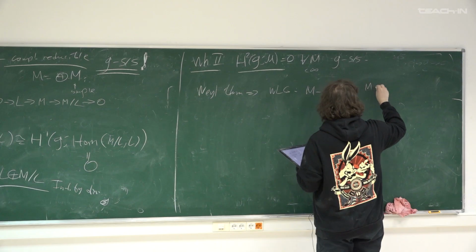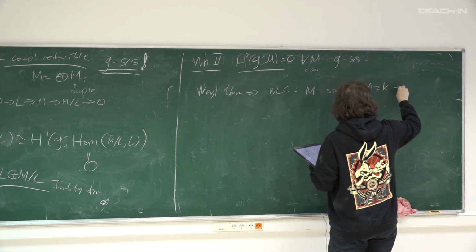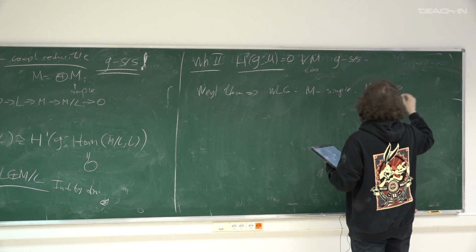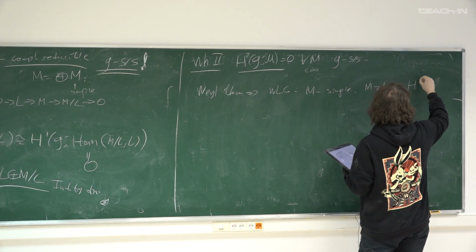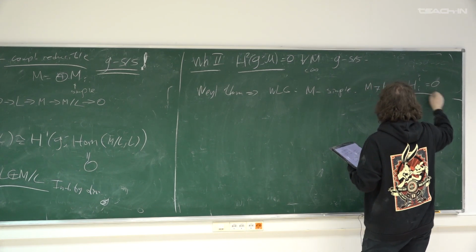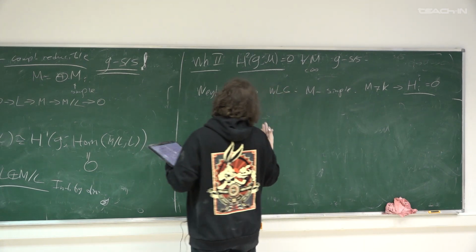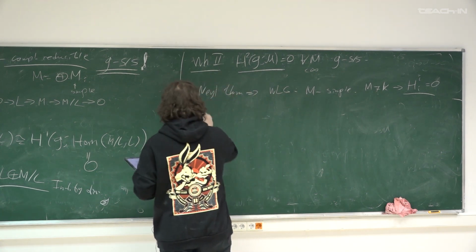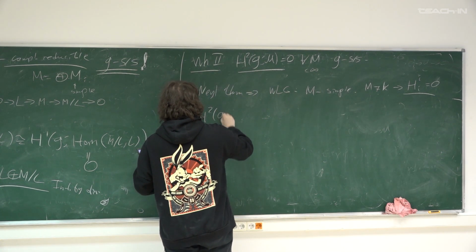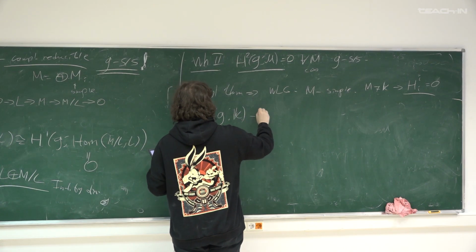If M is simple and not trivial, then we know that all cohomologies are trivial. So the only non-trivial case is when M is trivial, in fact. So we need to check that the second cohomology with trivial coefficients is 0.